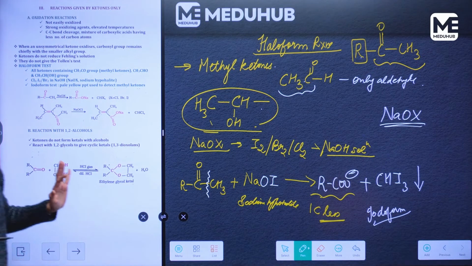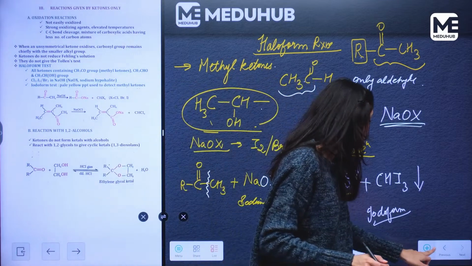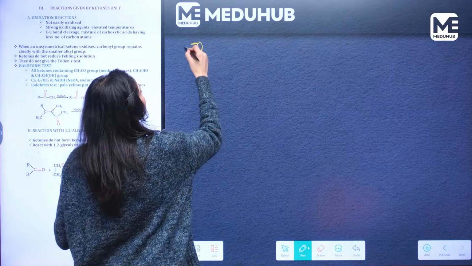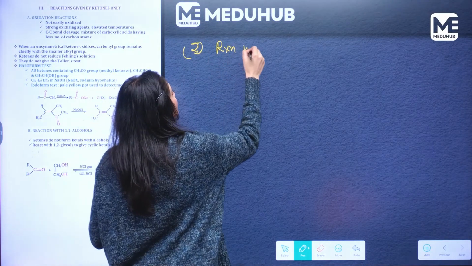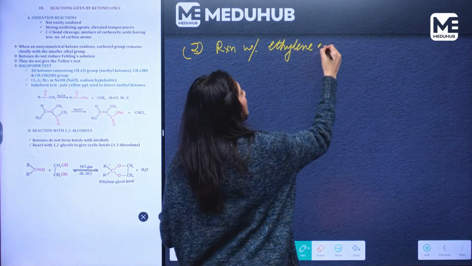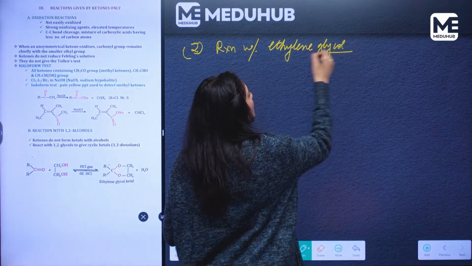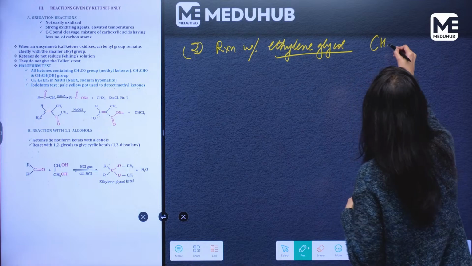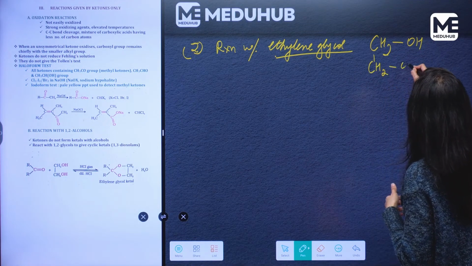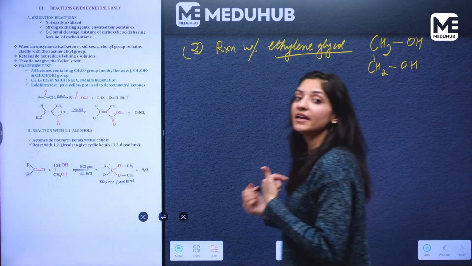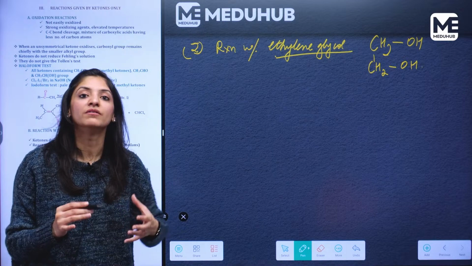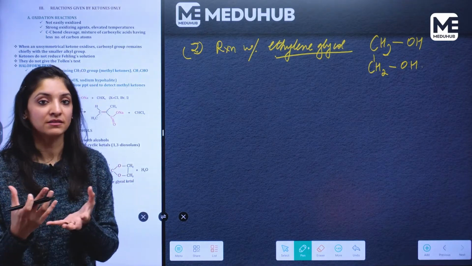The last reaction that is given by ketones and not given by aldehydes is reaction with ethylene glycol. Ethylene glycol is this. So ketones, like aldehydes, do not add on a molecule of alcohol to give us hemiacetals or acetals.